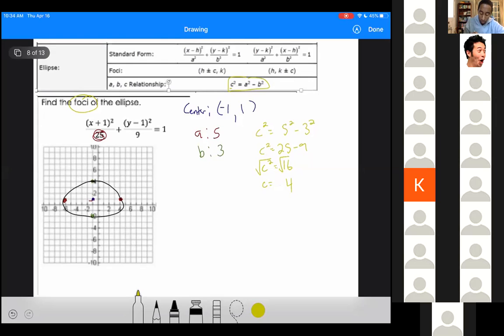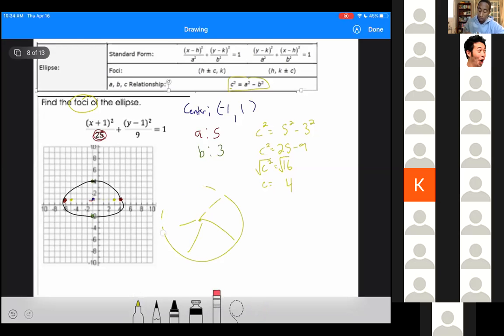So if we count from here, 1, 2, 3, 4, that means our focus will be right there. And to the left, 1, 2, 3, 4, our other focus will be right there. If you remember, for the circle, the center is important because everything is equal distance from the center.